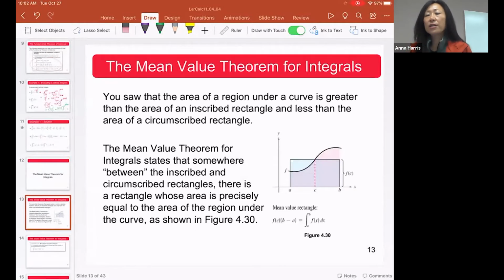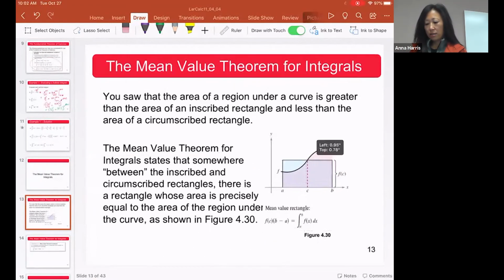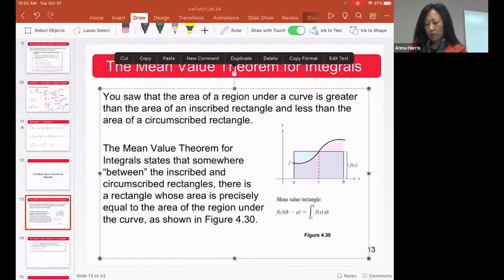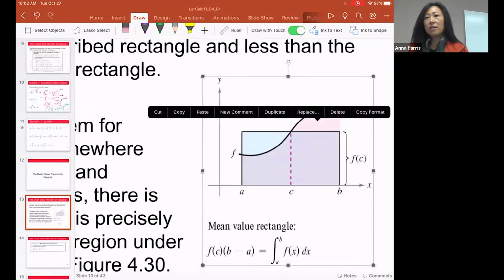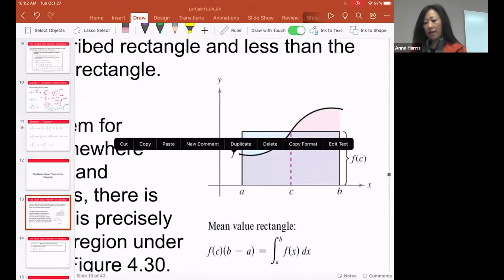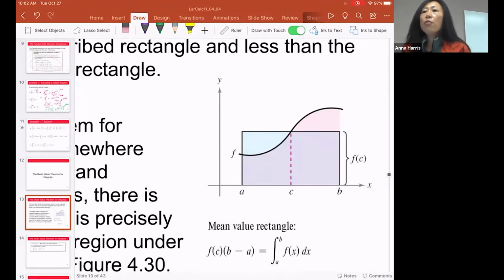So this is a good picture. You can see it. This is a perfect picture that I want you to look at. We are looking for the area under the curve.